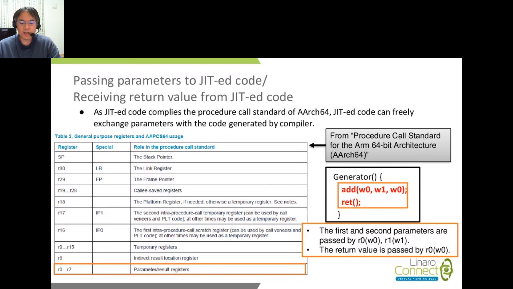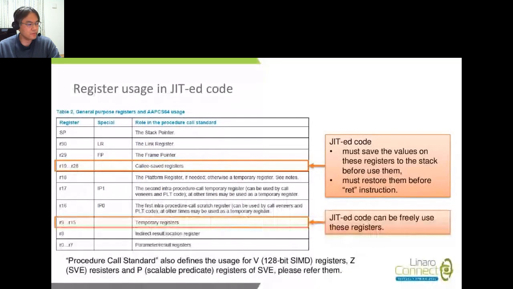These methods are the same as the assembly code. The more complex cases are described in the standard. Please refer to the document. If you want to use many general purpose registers in your JIT code, you can also comply with the standards.